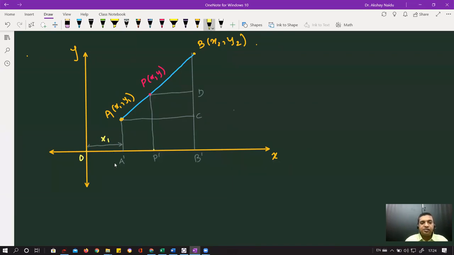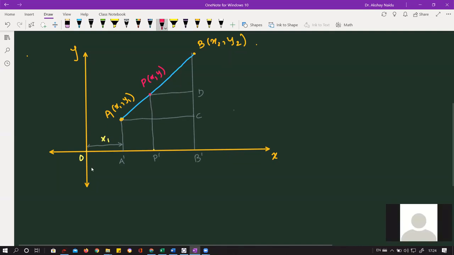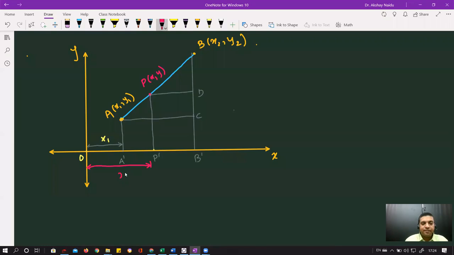OP dash. This distance will be x. And what is this distance? OB dash. x2. Very good.